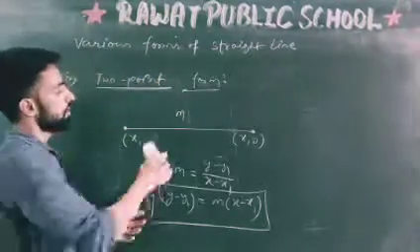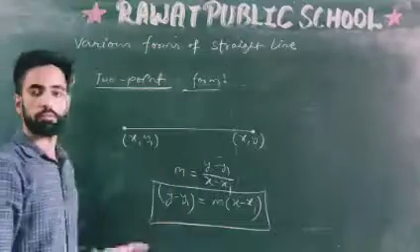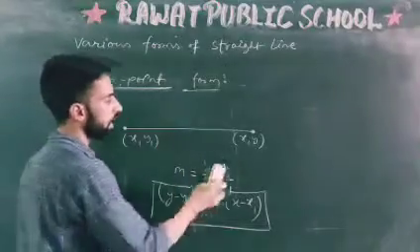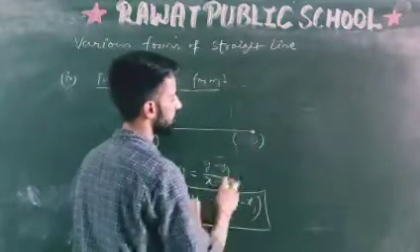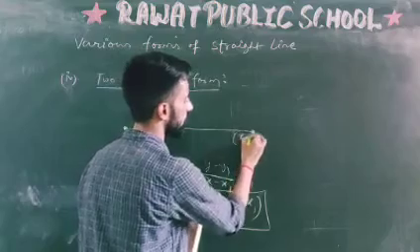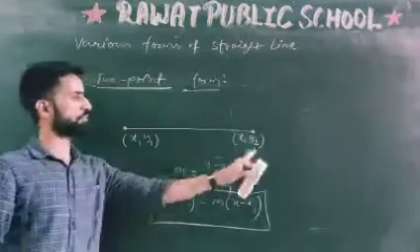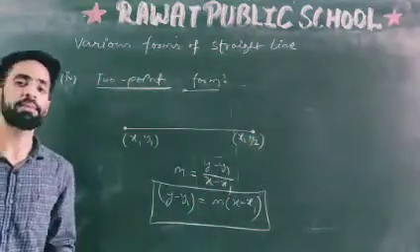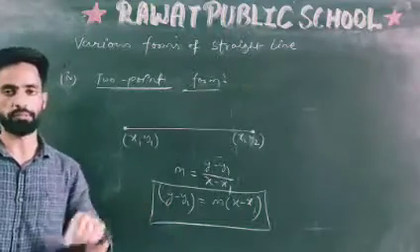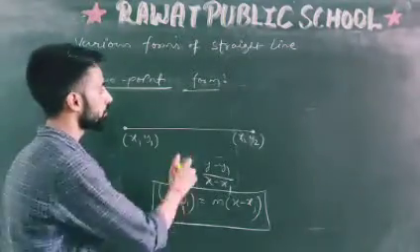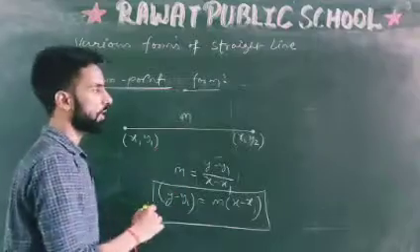In this, we don't have the slope. We have just the two passing points, (x1, y1) and (x2, y2). What we are missing is the slope of the line, so we can find it.